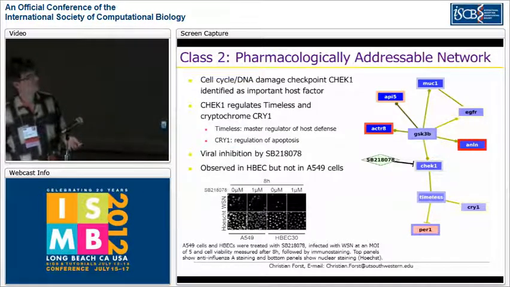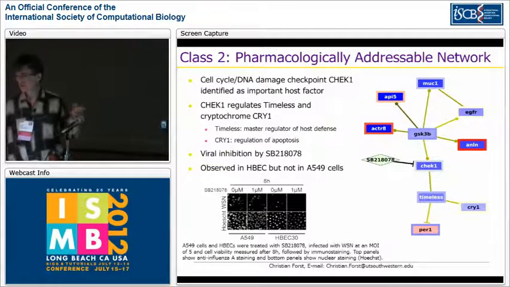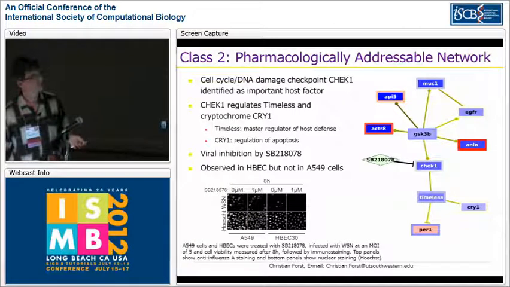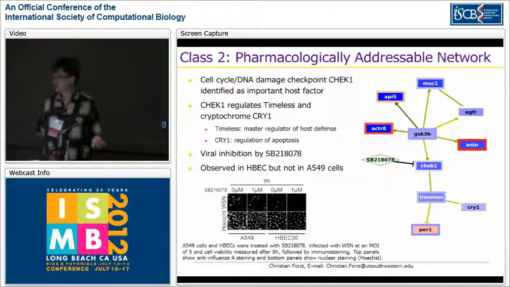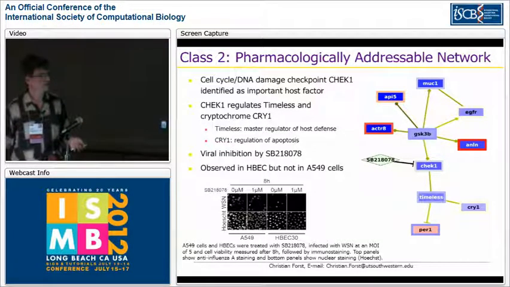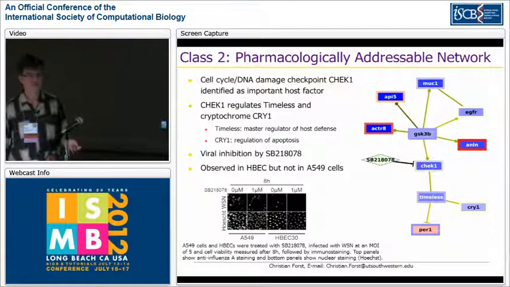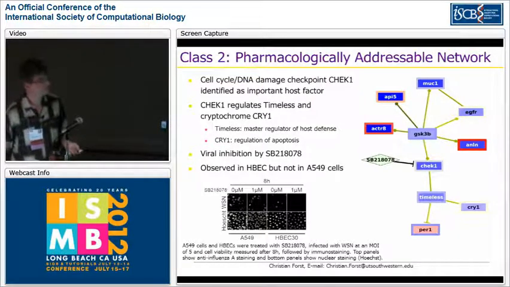And so we looked at the close vicinity of CHEK2 and found, for example, timeless, which has recently been found to be the master regulator of host defense with respect to viral replication. There's another gene, CRY1, which regulates apoptosis, which at least has some importance in plant defense against pathogens.